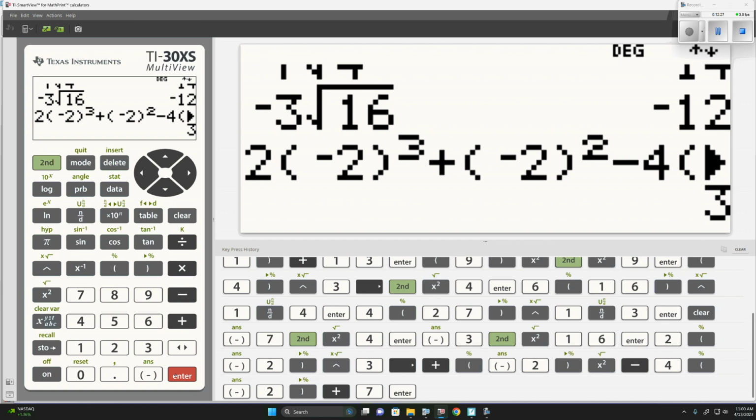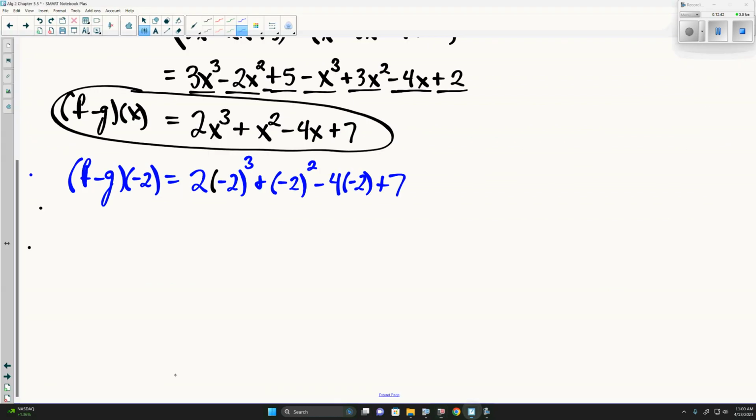With plugging numbers in, it's very important to put the parentheses around it, especially with our negative 2 squared. If we just put negative 2 squared without the parentheses, this would give us a completely different answer. So that tells us that f minus g of negative 2 is 3.